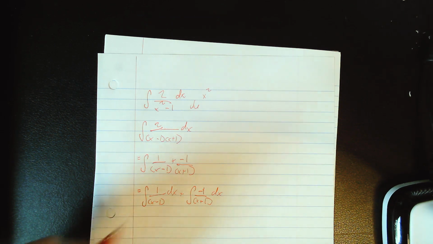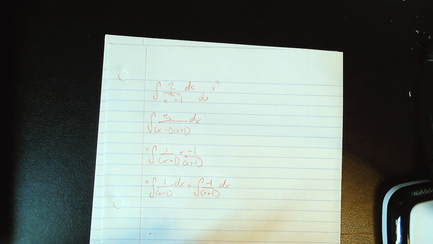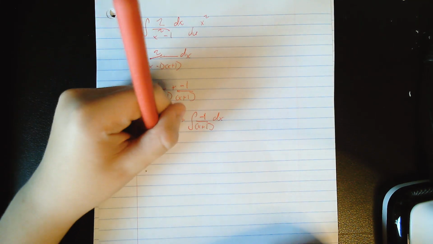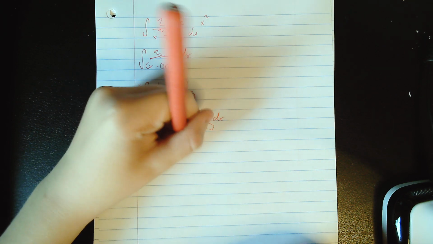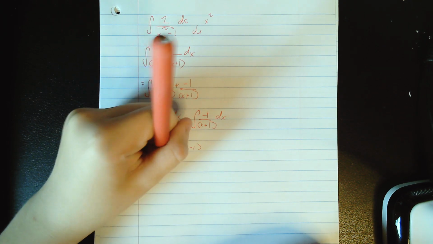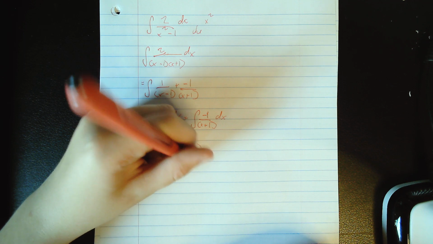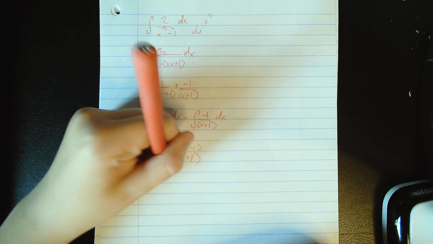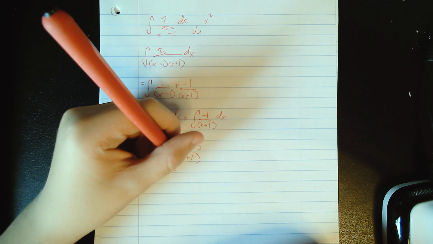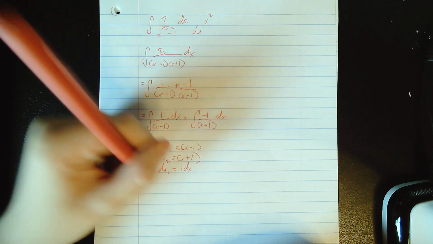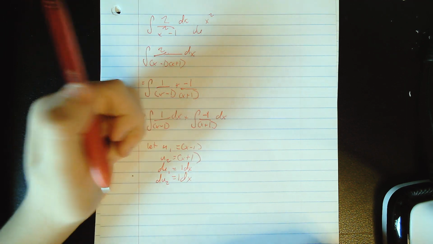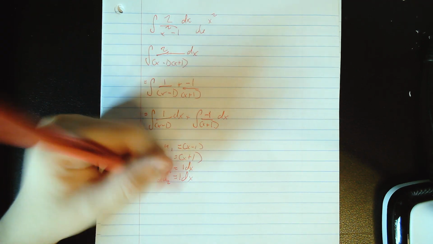But now, notice that there's only one x. So guess what that means? We get to do a u substitution. So let u1 equal x minus 1, u2 equals x plus 1, and you'll notice both du's, du1 and du2, are both just going to equal dx.